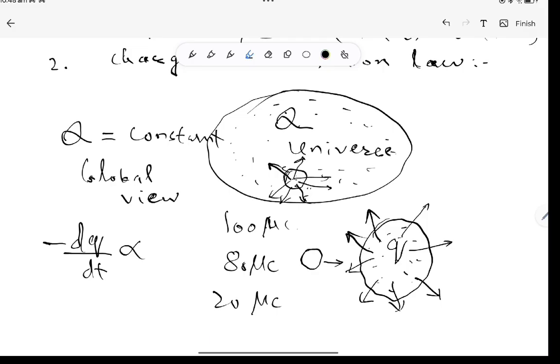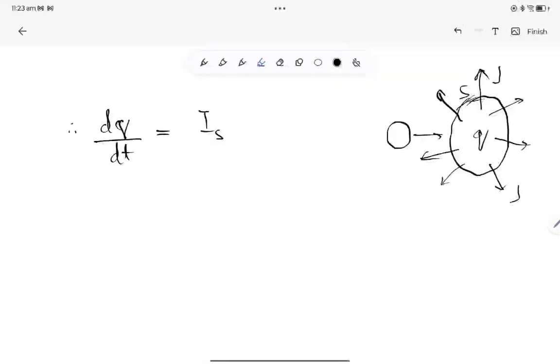This must be equal to the current through the surface. Now what is the current through the surface?